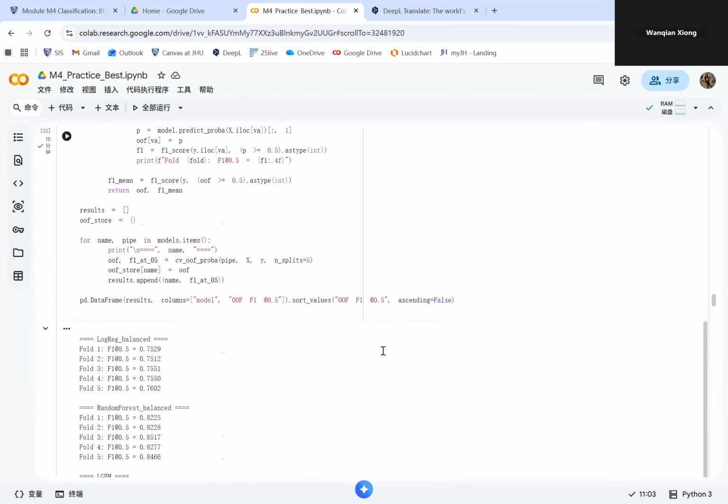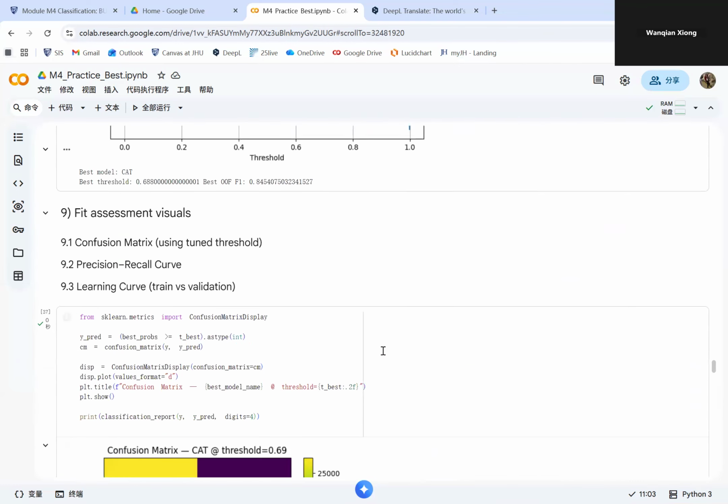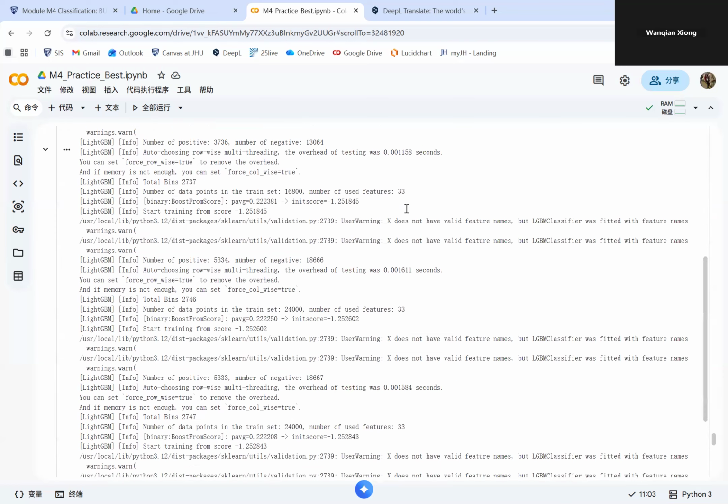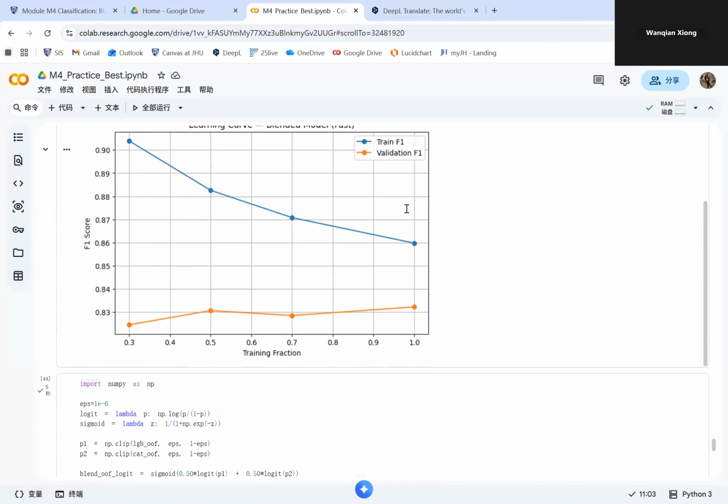So if you look at our learning curve, you can see the training line and the validation line are very close to each other. This means our model is well fitted and it is not overfitting or underfitting.